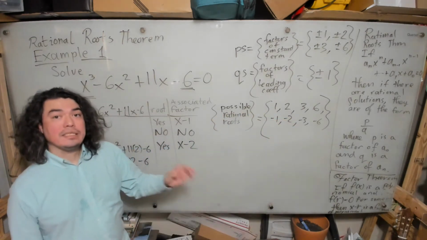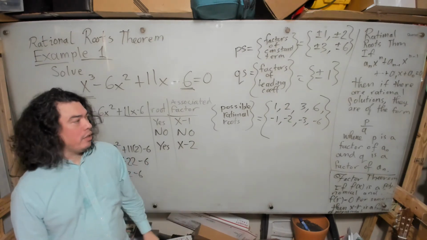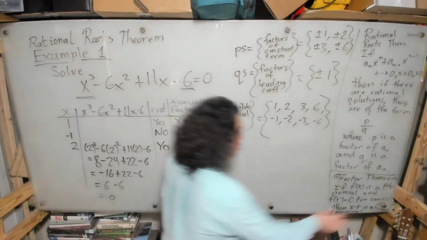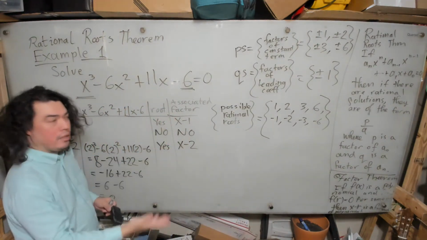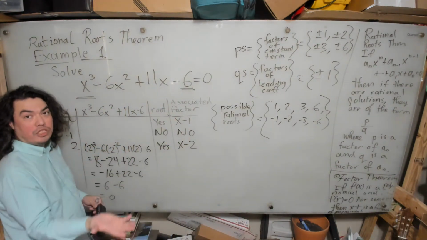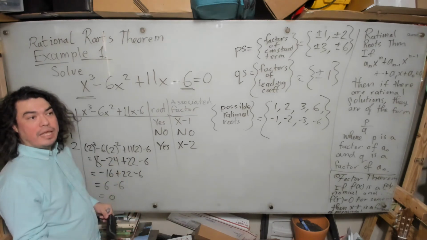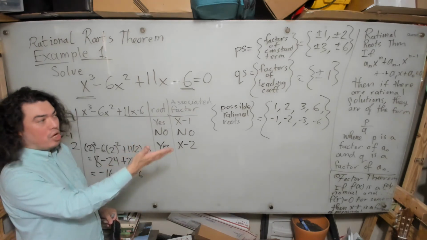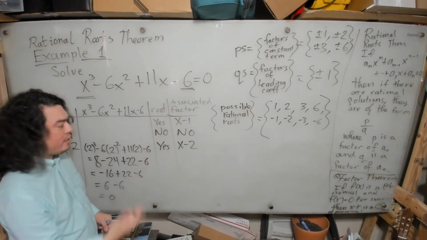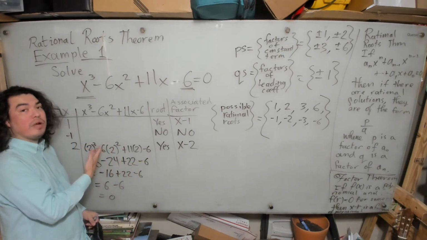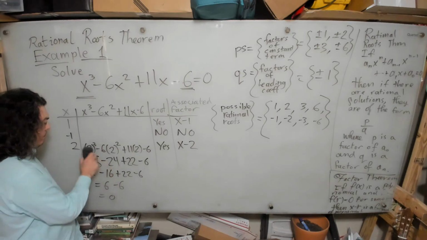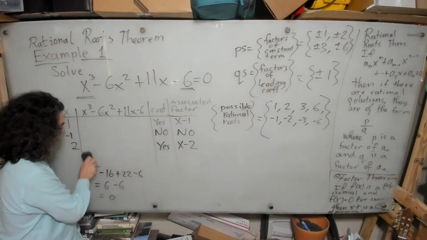It tells us that some might be. Some or none might be. This polynomial may have no rational roots whatsoever, and in that case, the list might have some possibles, but none of them would work. In this case, we see that this list of possible roots has already yielded two roots. We've done that through explicit calculation.